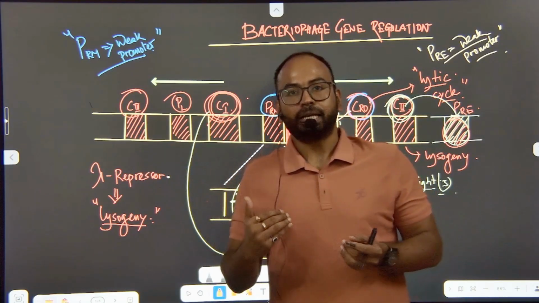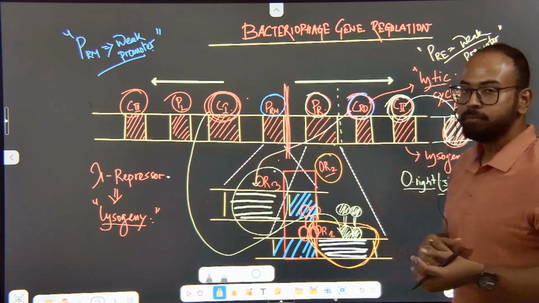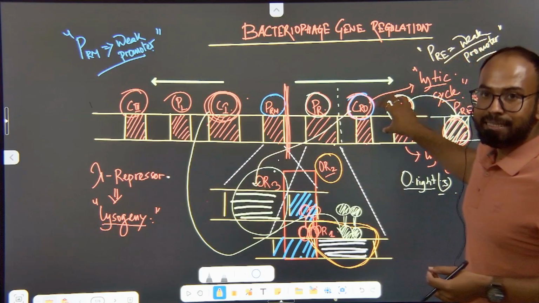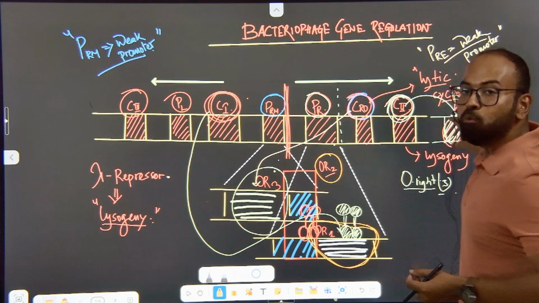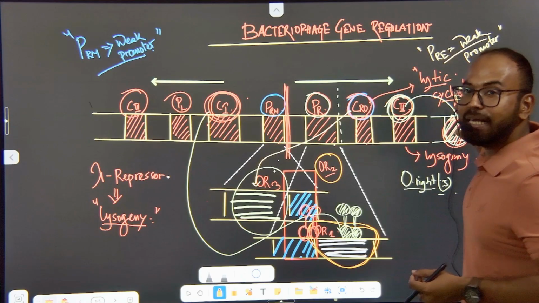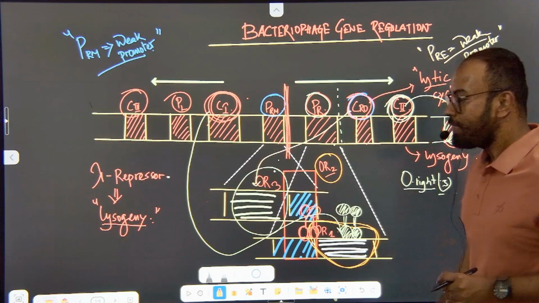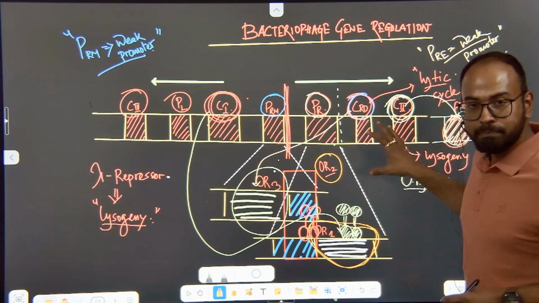Now during lysogeny, another key component is C2. This C2, after getting synthesized, will bind with another promoter region which is PRE, repressor establishment. This PRE is also a weak promoter.